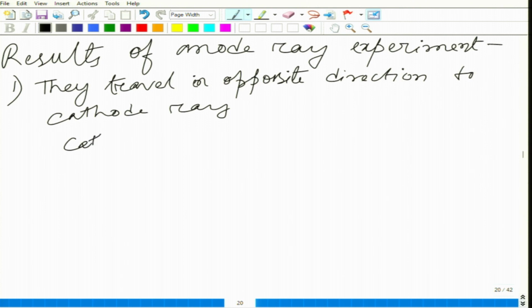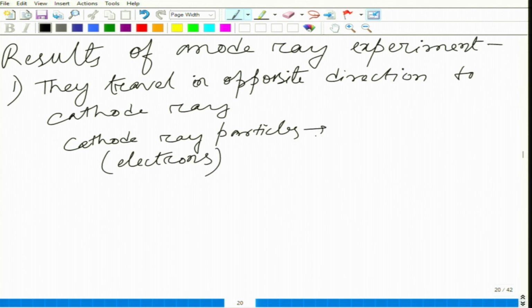So, cathode ray particles, which were the electrons, moved from cathode to anode.